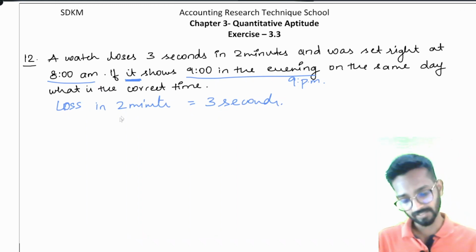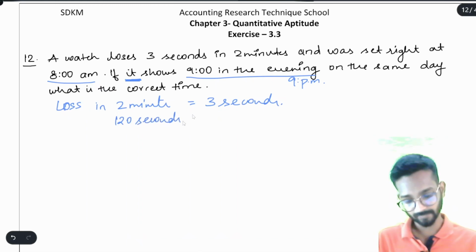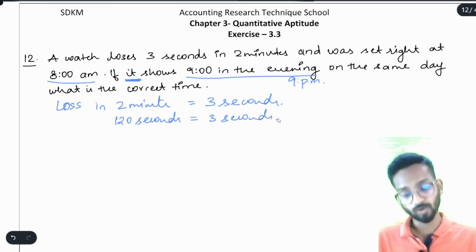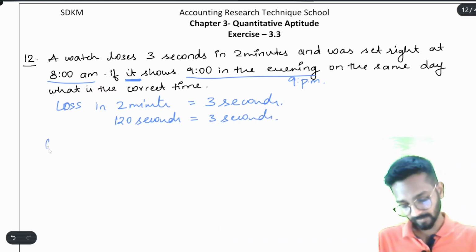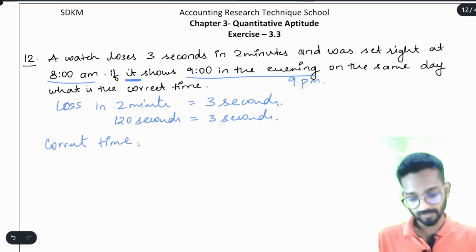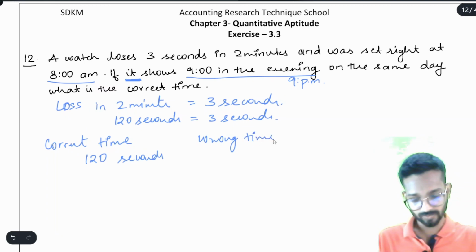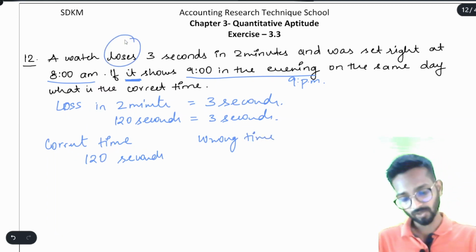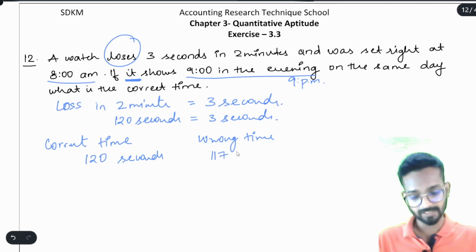Loss in 2 minutes is 3 seconds, or I can say loss in 120 seconds is 3 seconds. What does it mean? It means when the correct time shows that 120 seconds are gone, our watch, with the wrong time, has a loss of 3 seconds, so it will show only 117 seconds have passed.